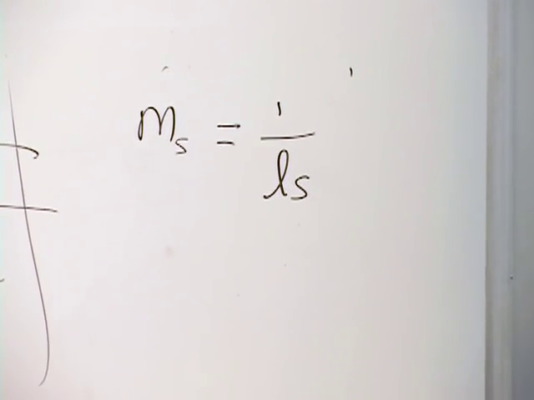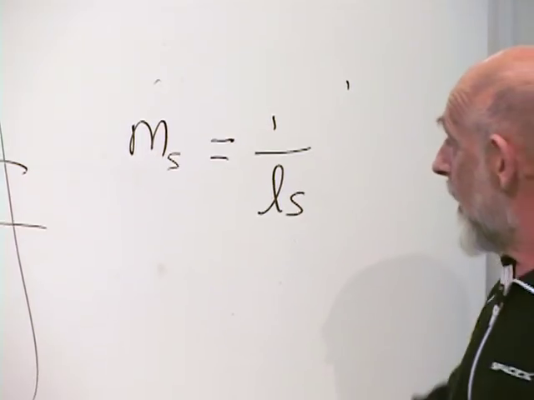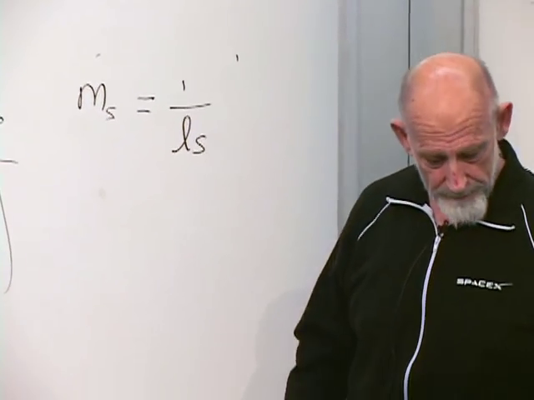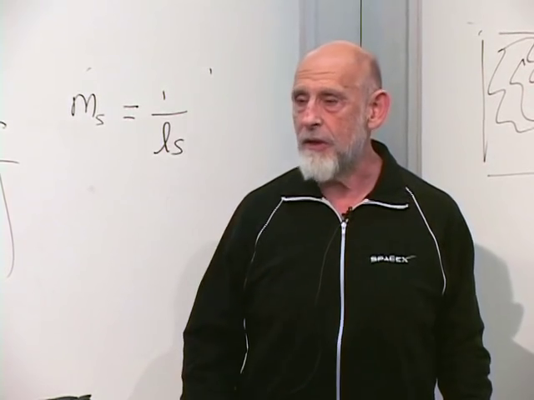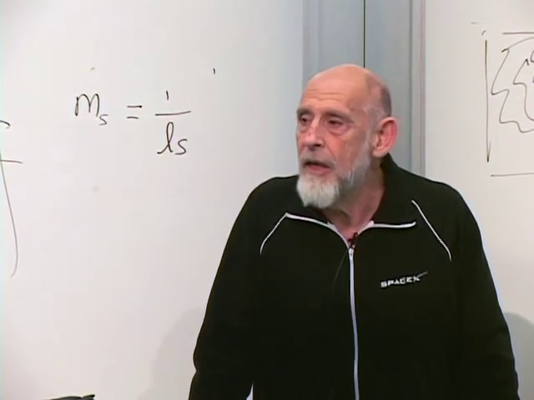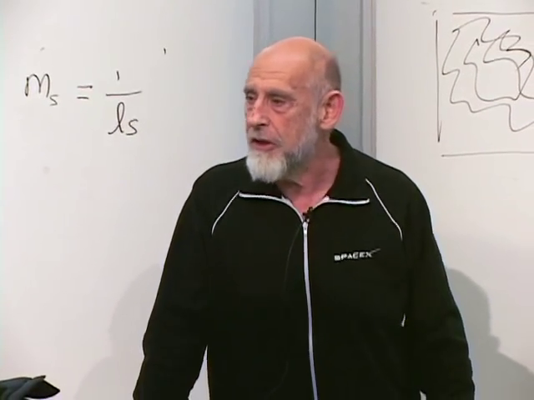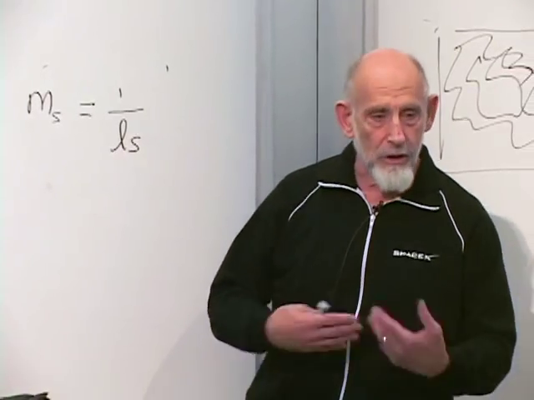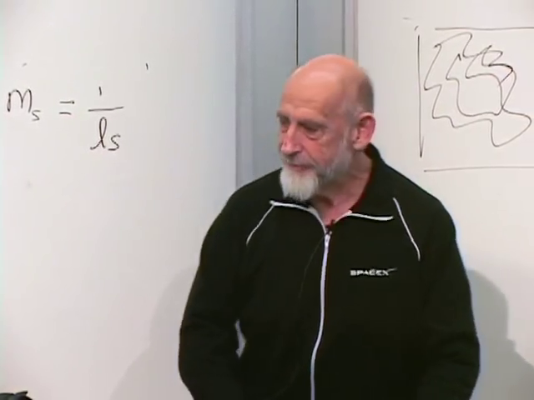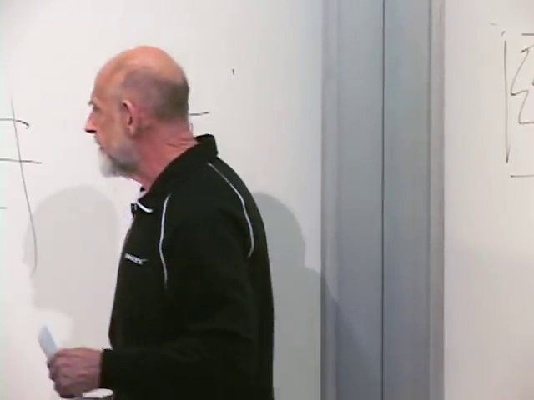So whatever the string length scale is, the smaller it is, the bigger the mass scale. So if the basic unit of length for a string is 10 to the minus 6 zillion centimeters, then the mass of a little bit of string is going to be 10 to the plus 6 zillion something or others. All right, so the smaller the string length, the bigger the mass scale.